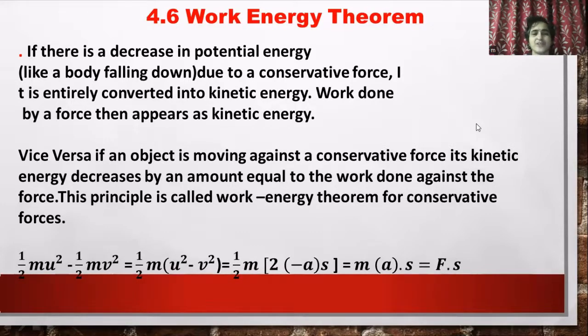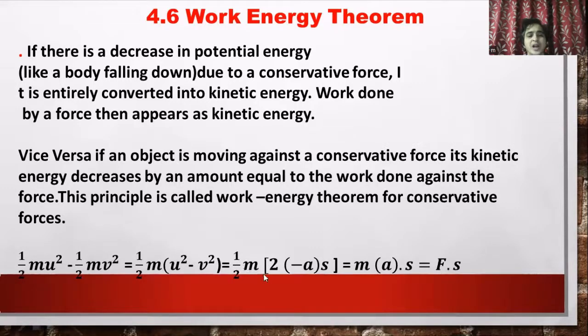Problem सोडवताना we will have to use the formula. It is change in kinetic energy, half mv square minus half mv square. Initial kinetic energy minus final kinetic energy. We could have done it final minus initial also. See, half m common काढला, u square minus v square.